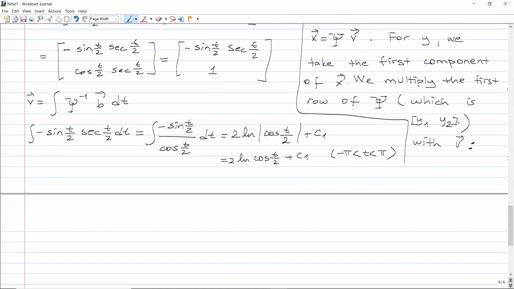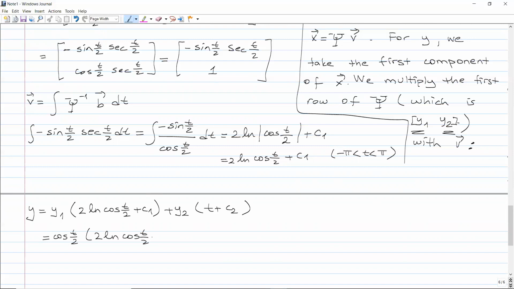So we take y1 and multiply it with the first component of v, which is 2 ln cosine t over 2 plus c1, plus y2 multiplied with the second component. And what is y1? y1 is cosine t over 2, and y2 is sine t over 2.